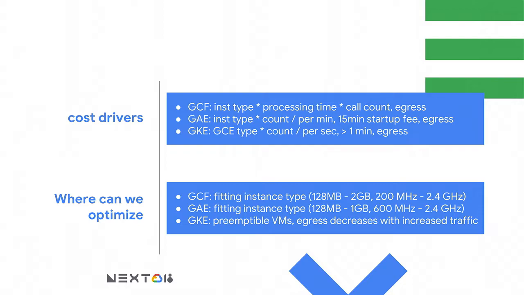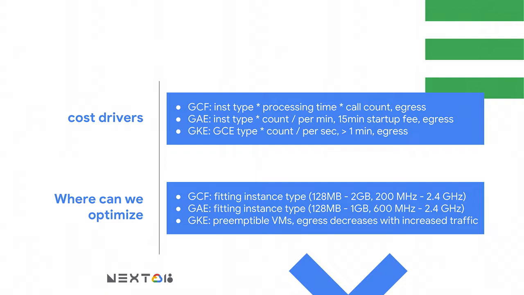In all of those, what's coming in is the egress as well. Now, the advantage of the egress for these ones is that for Cloud Functions, it's a baseline. So you basically pay the same no matter if you call it once a day or 100,000 times a day or 1 million times a day. For App Engine, it's the same.